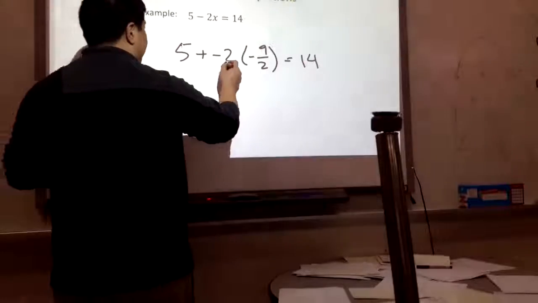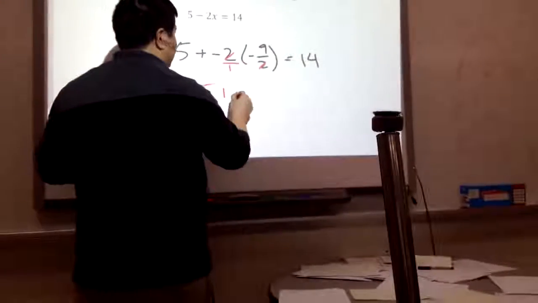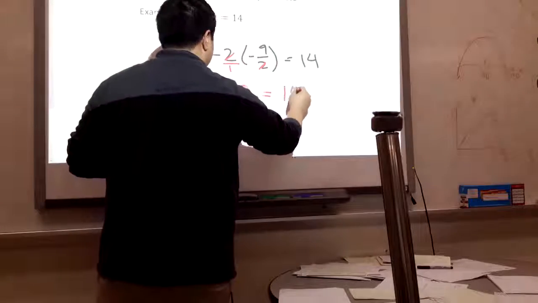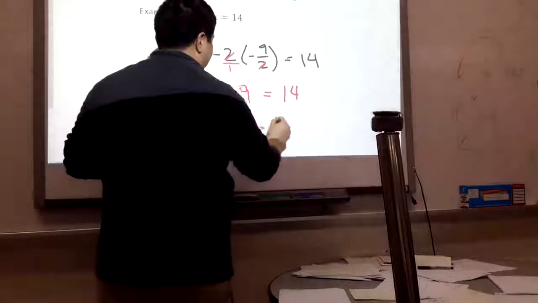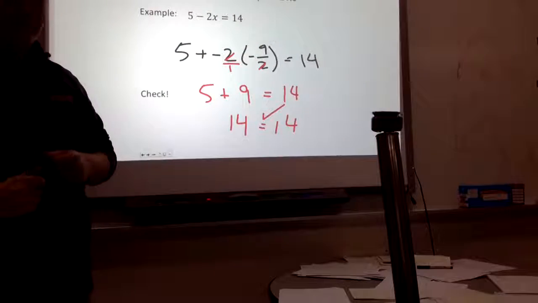We're going to put this over 1 because we're multiplying a whole number by a fraction. These parts cancel out. We get 5 plus 9 equals 14, and 5 plus 9 does equal 14, which means, check mark, we did it correctly.